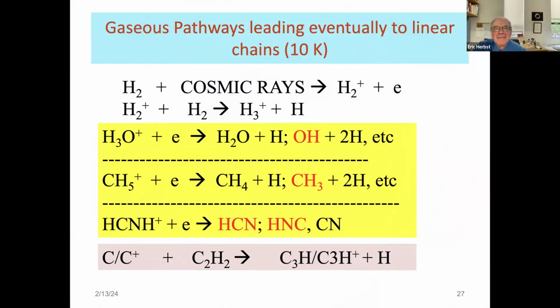So here's an example of what happens with H2 plus, eventually gives you H3 plus, and eventually you get these bigger molecules, the ions, and they react with electrons and they neutralize, and these also are very important in making not only these COMs, but also making these carbon chains. So these are very important to put in these chemical simulations.